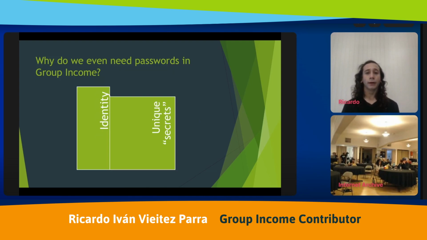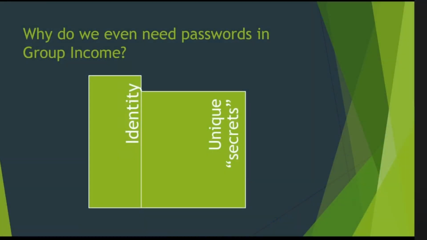We have this concept of unique secrets. Secrets has a specific meaning, but we don't need to go into the technical details of that. What that means is just something that is known just to that identity. So if I'm a Group Income user, there are certain values that are generated on my machine, and I should not share those with the world or with other users because if I do that, then they would be able to impersonate me.